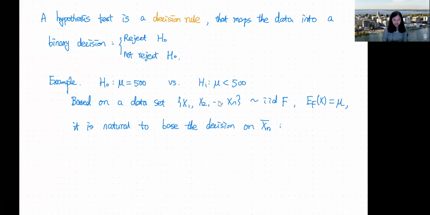And it's reasonable to set up your decision rule, which is usually denoted by phi n, to be 1 if your xn bar, the estimated runtime, is smaller than some quantity C.